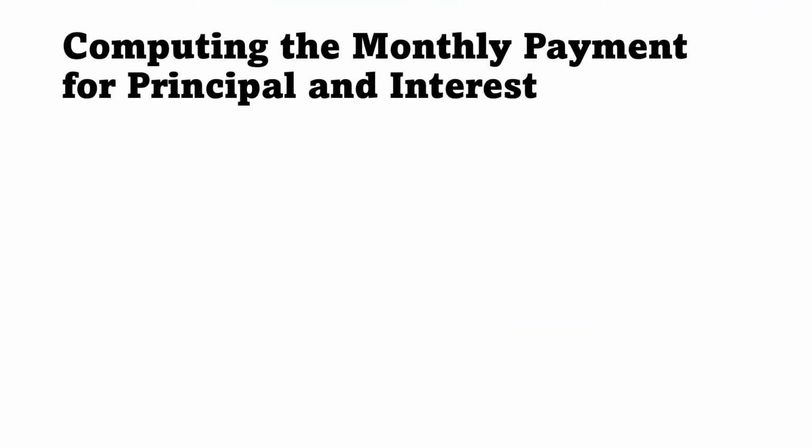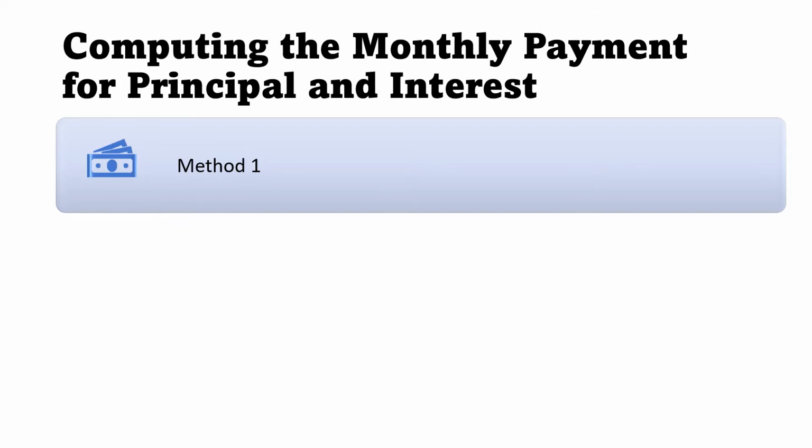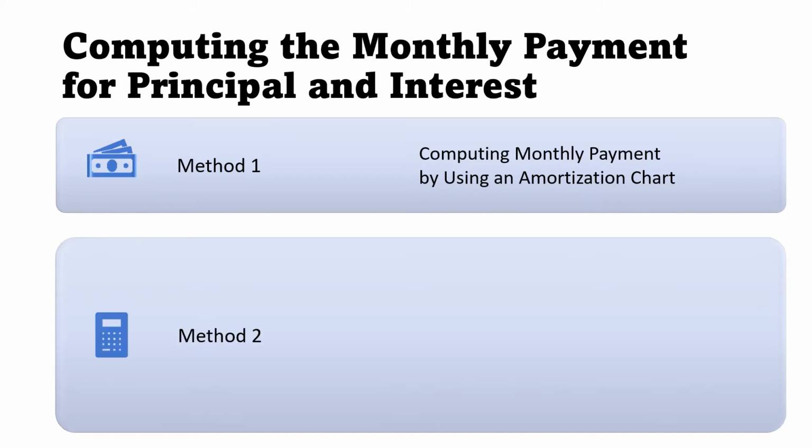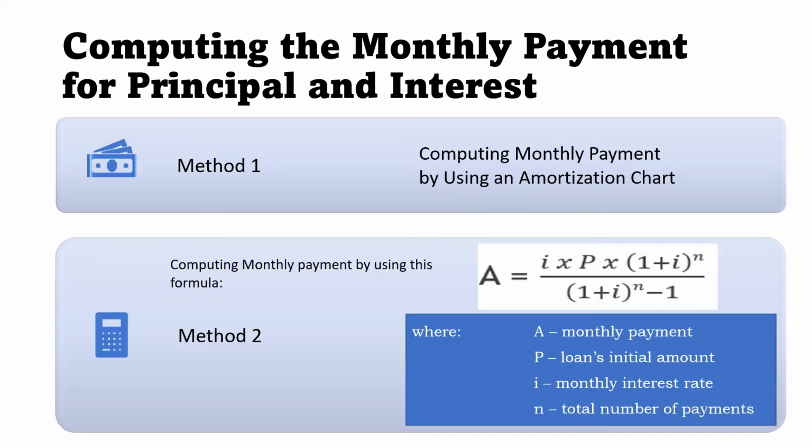How to compute monthly payment for principal and interest? In computing for monthly payment, we have two methods. The first method is computing monthly payment by using an amortization chart, and another is computing monthly payment by using a formula.